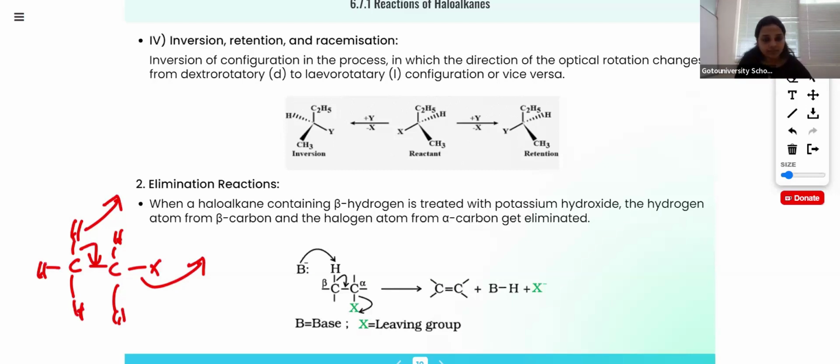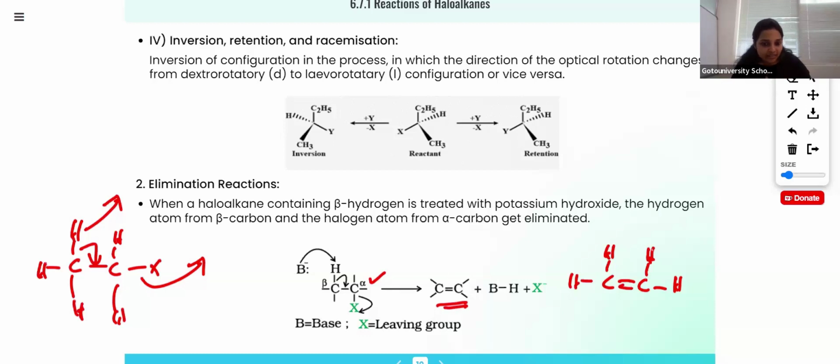So we get an alkene, with 2 hydrogen atoms here and 2 hydrogen atoms here. The halogen-connected carbon is called the alpha carbon, and the carbon adjacent to this alpha carbon is called the beta carbon. So halogen is removed from the alpha carbon, hydrogen is removed from the beta carbon. That is called elimination reaction. As a result, the alkene, the unsaturated molecule, will form.